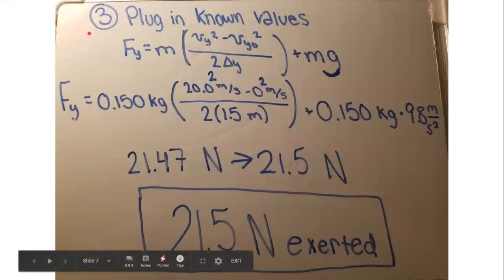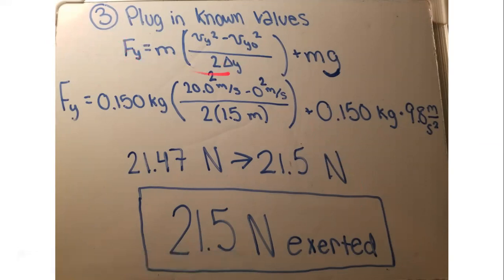Okay, third step, we're going to plug in our known values. We have this nice equation here, Fy equals m times vy squared minus vy initial squared over 2 times the change in y, plus the mg. We have our known values: the mass, the velocity, the initial velocity, which we're going to assume is 0, our change in y, 1.5 meters, our mass again, and 9.8 meters per second squared, which is acceleration due to gravity, this g here.